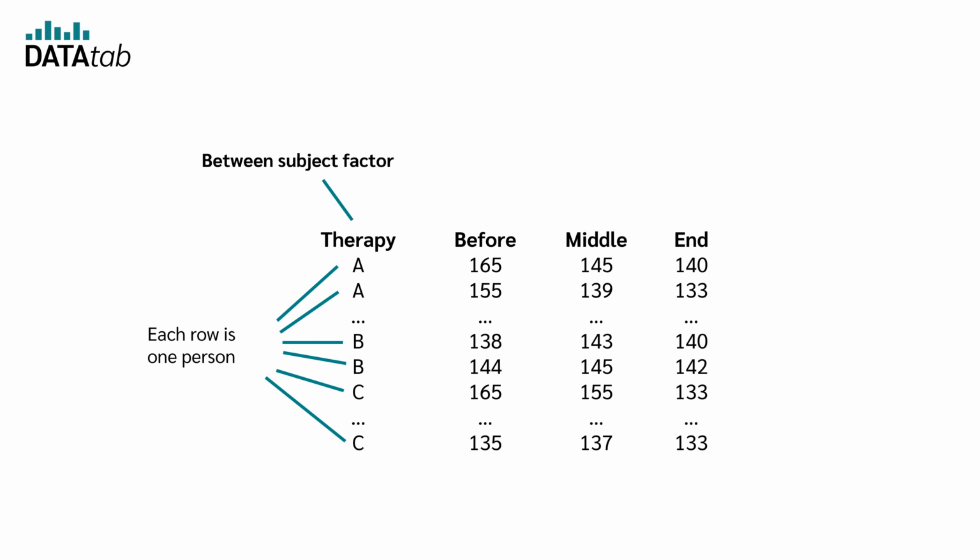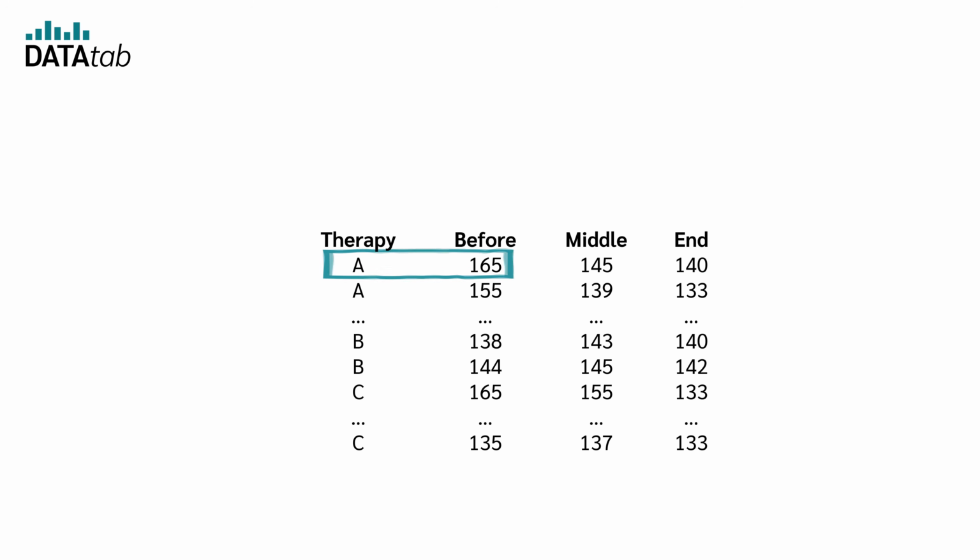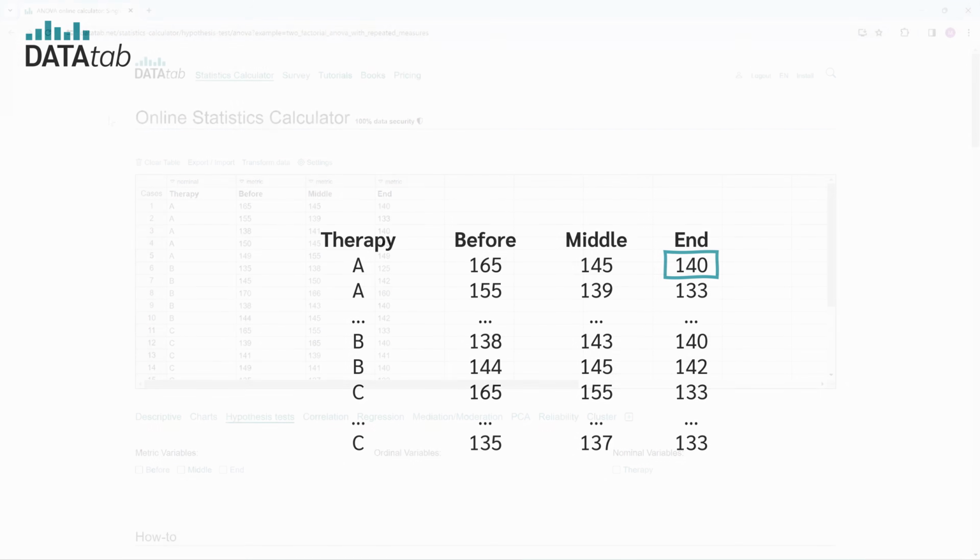The therapy is the between subject factor and the time with the levels before the therapy, in the middle and at the end of the therapy is the within subject factor. So, the first patient on therapy A had a cholesterol level of 165 before therapy, a cholesterol level of 145 in the middle, and a cholesterol level of 140 at the end.